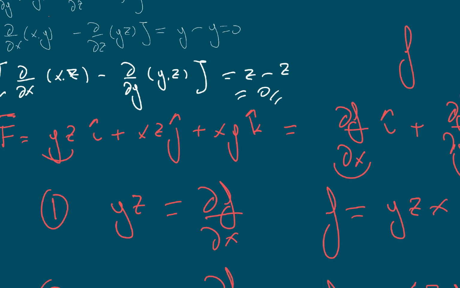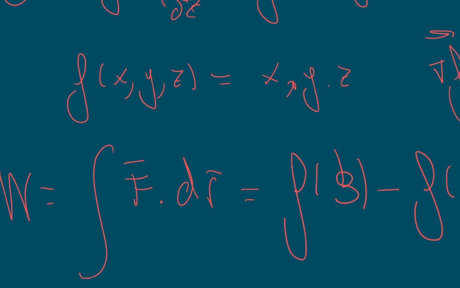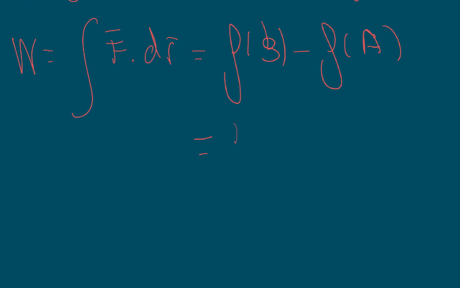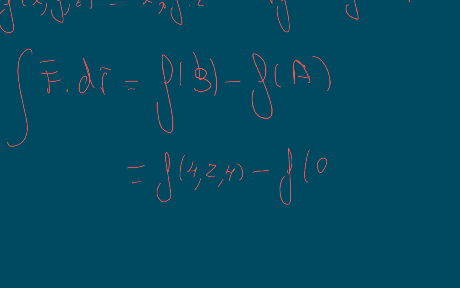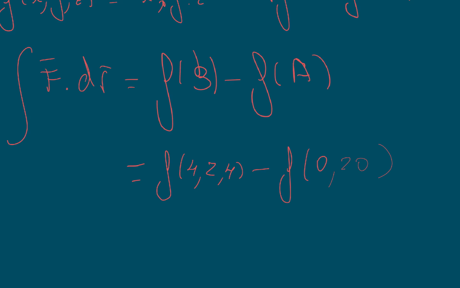And who is the point A? (0, 0, 0). f of (4, 2, 4) minus f of (0, 0, 0).